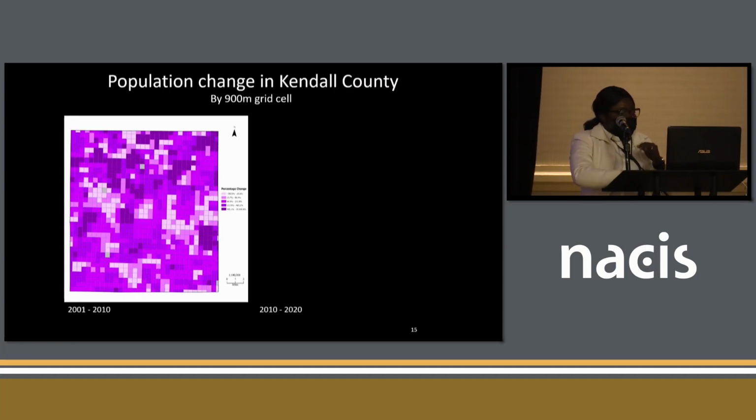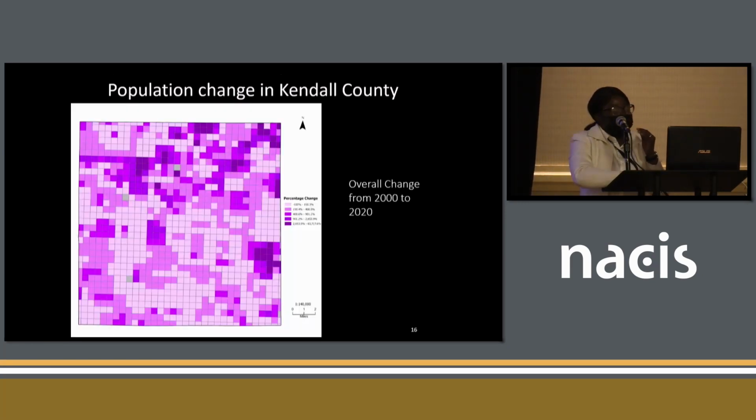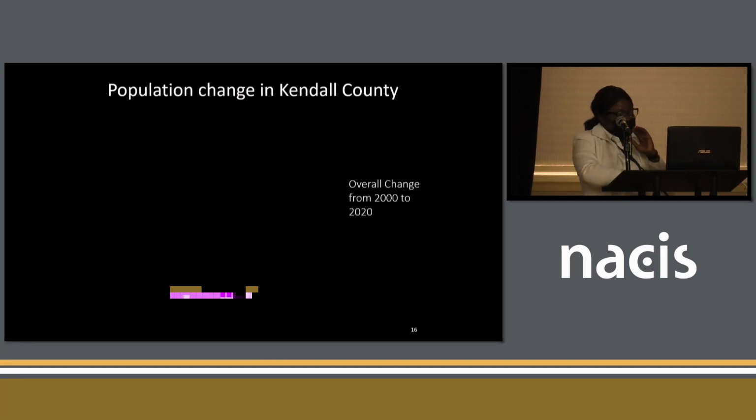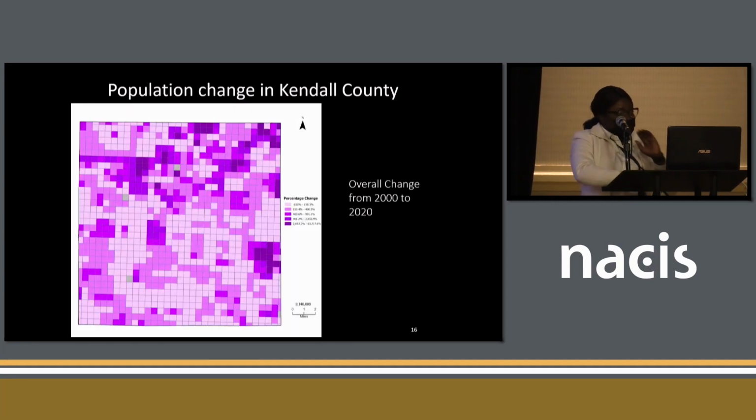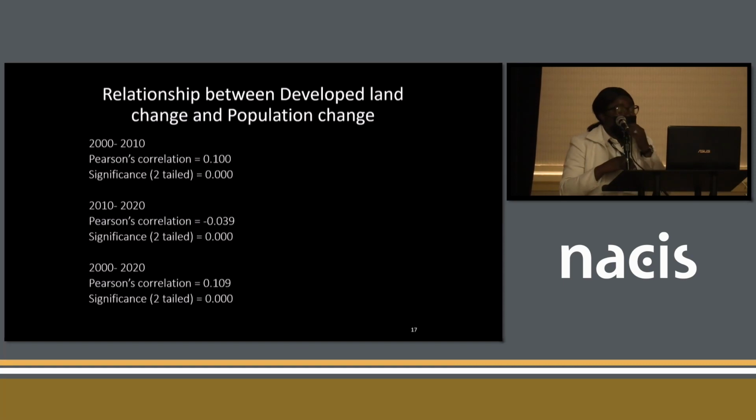Then I moved to doing the same thing for population change. I extracted where population is increasing and where it's decreasing into my 900-meter grid cell, and then I performed a Pearson correlation to see the relationship between them.